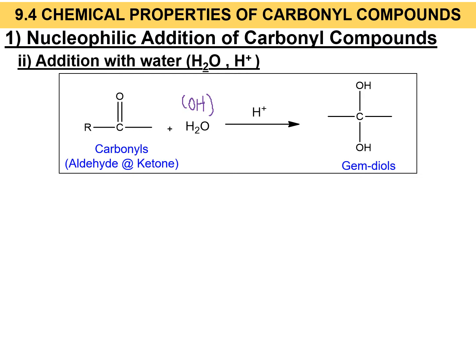So you boleh tengoklah kat sini the site yang terlibat adalah the C double bond O. Sebab dia adalah addition reaction kan, daripada C double bond O jadi C single bond O. Dekat carbon ni memang kita akan add the nucleophile, lepas tu dekat oxygen ni kita akan just add hydrogen. Alright.